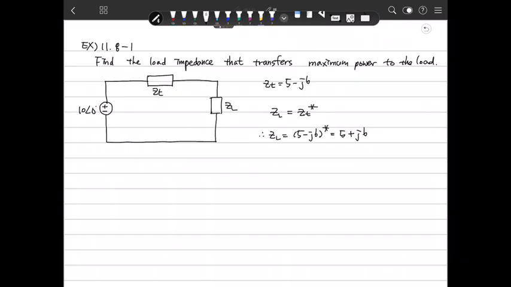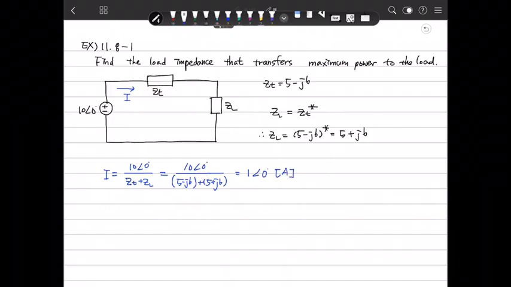We need to calculate the current here. The current is 10 at 0, this is voltage, and the impedance is ZT plus ZL. So that will be 10 over (5 minus j6 plus 5 plus j6), which is 1 at 0 degrees ampere.